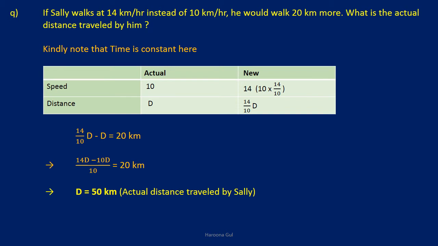So the actual distance is d and the new distance is 14 over 10 of d. Now we know that 14 over 10d minus d is equal to 20 kilometers. Therefore, d is equal to 50 kilometers, which is the actual distance traveled by Sally with a speed of 10 kilometers per hour.